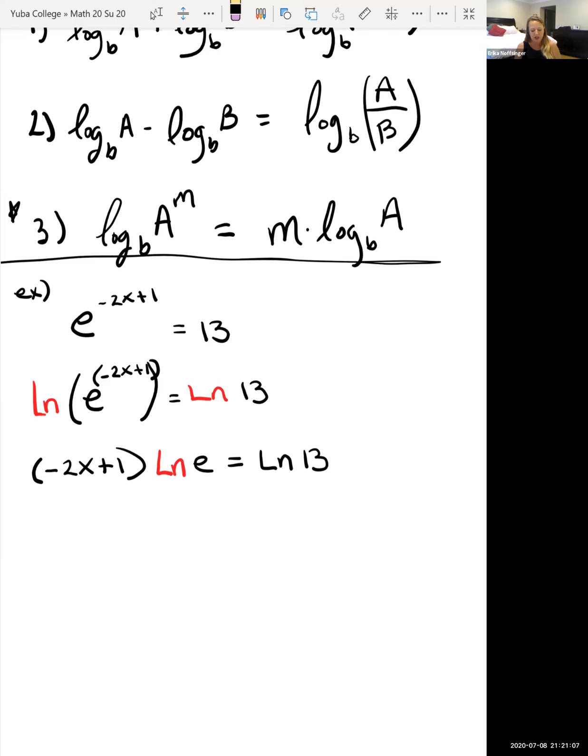Well, natural log is log base e. So this is saying e to what power is e? Well, e to the first power is e. All times negative 2x plus 1 equals natural log of 13. I don't know what I'm going to raise 2.7182 to get 13, so I'm going to leave it as natural log of 13.